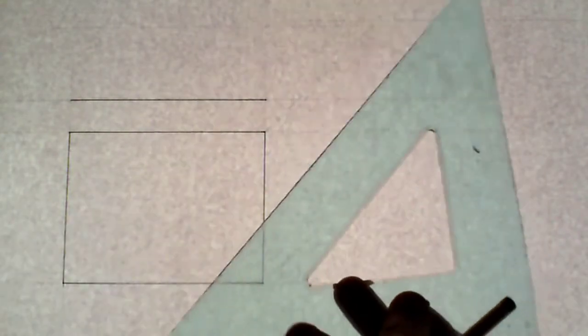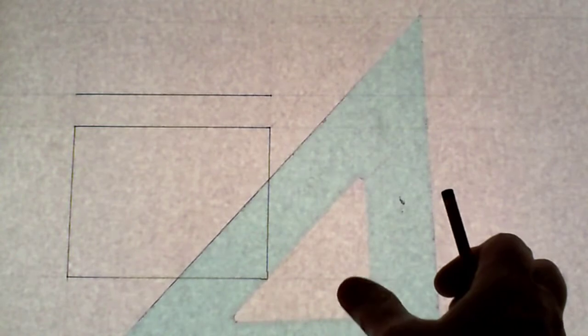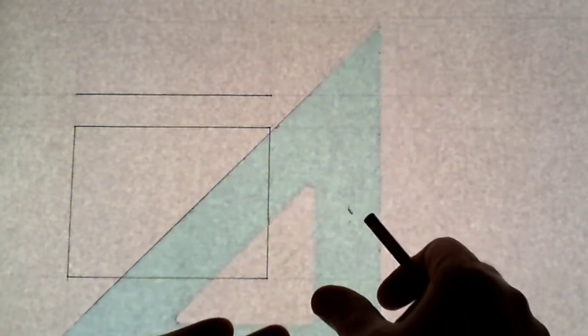Now it is a hipped roof, so with the pencil here I'm simply going to draw in 45-degree lines from each corner of the plan.